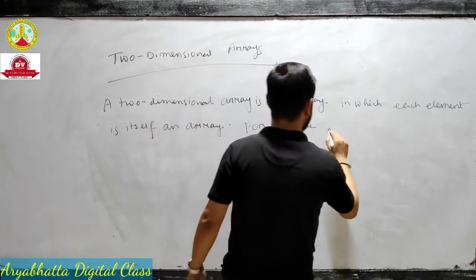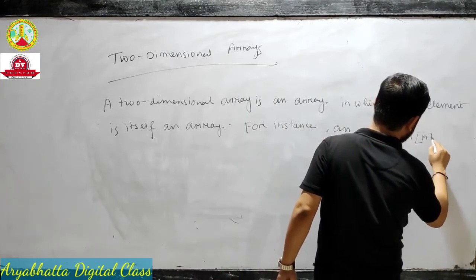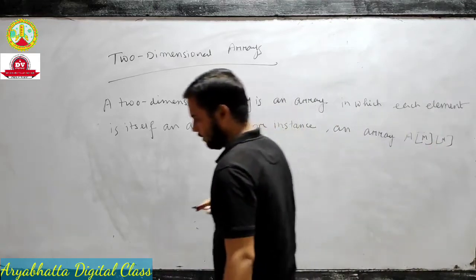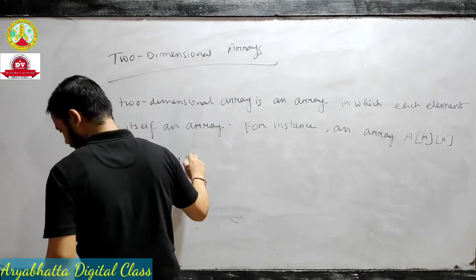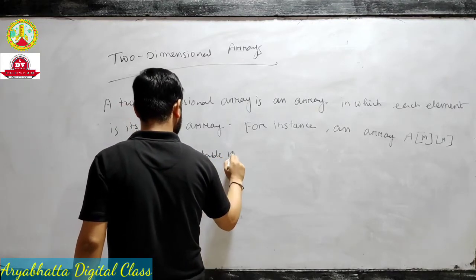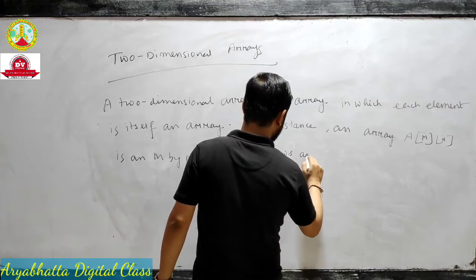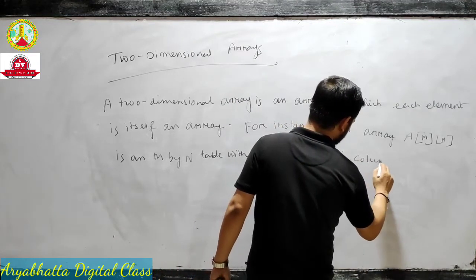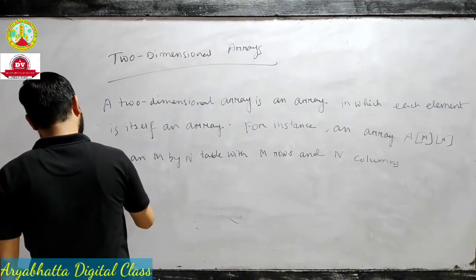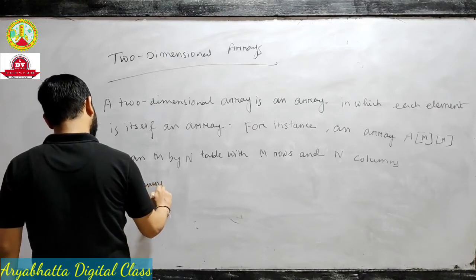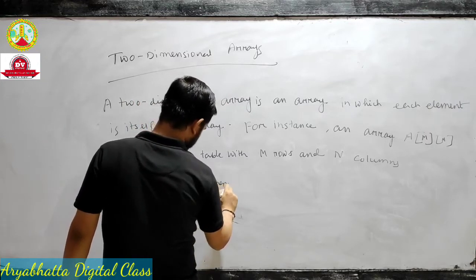For instance, an array A[M][N] is an M by N table with M rows and N columns containing M by N elements.